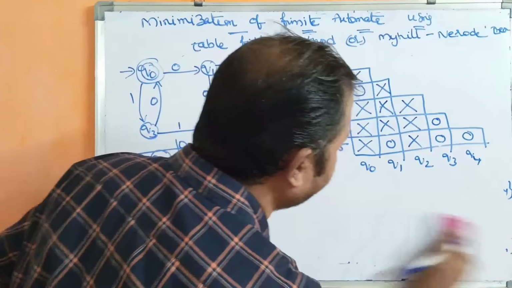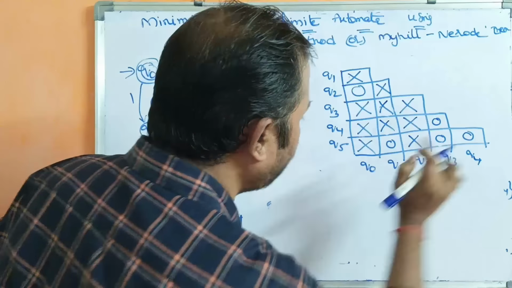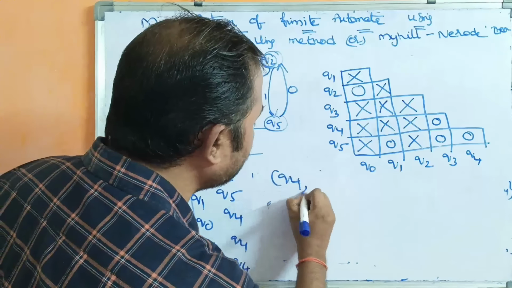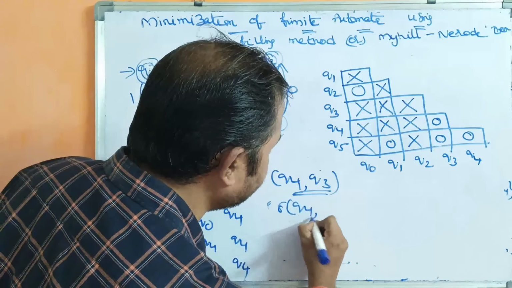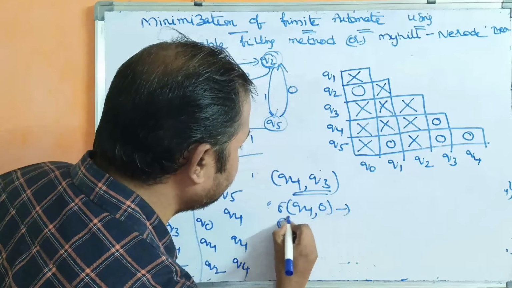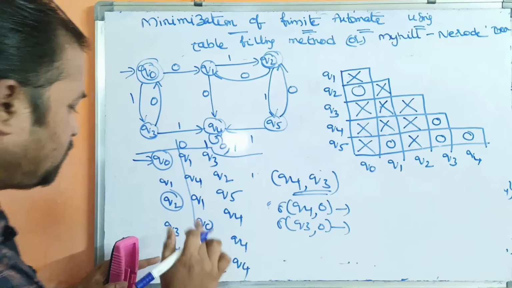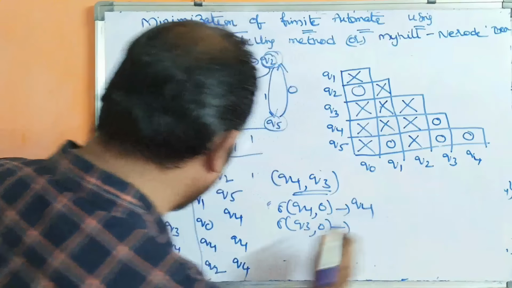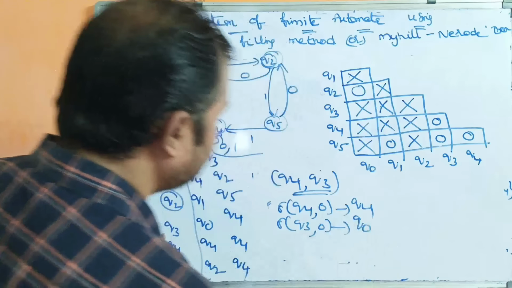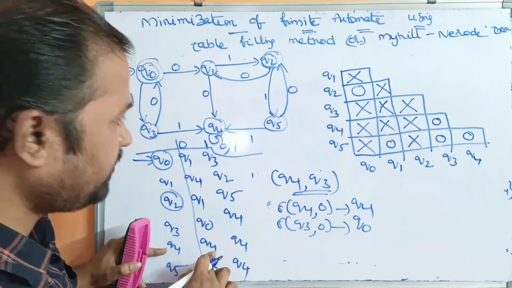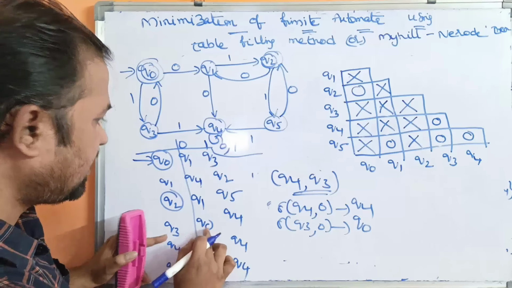What is the next pair? This one, this 0. This 0 belongs to Q4, Q3. Now let us check whether Q4, Q3 is marked or not. For that purpose, apply the inputs: delta of Q4 comma 0, delta of Q3 comma 0. Q4 comma 0 means Q4. Next, Q3 comma 0 means Q0.